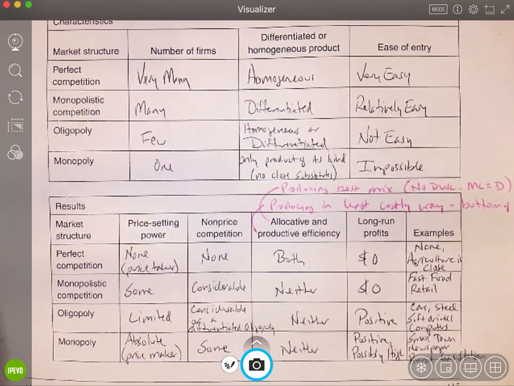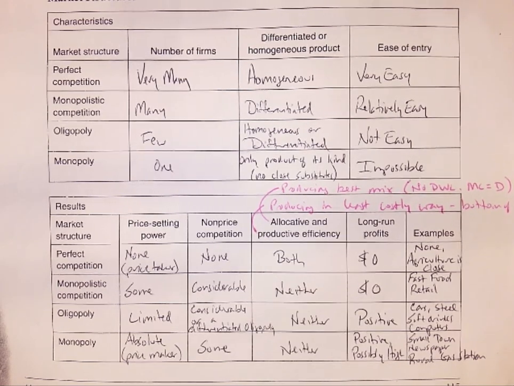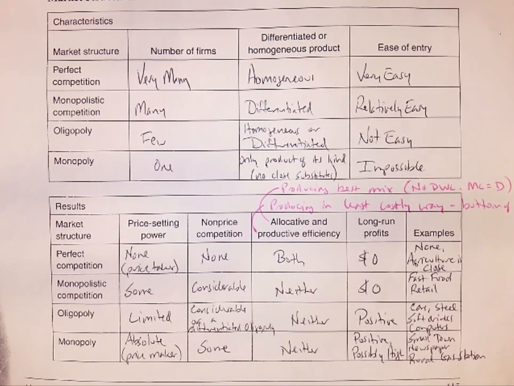Perfect competition has lots of firms. Monopoly has one firm. When you look at ease of entry, perfect competition, it's super easy to get in, whereas monopoly, impossible to get in. When you look at things like non-price competition, that would be things like, well, what else can that particular company or that particular good do other than compete on price?